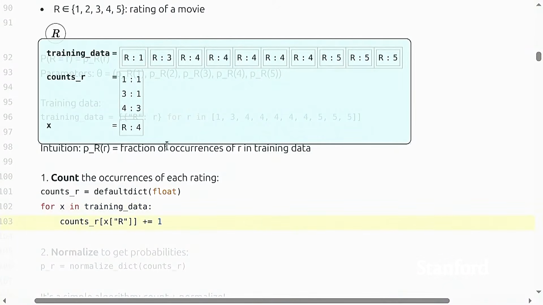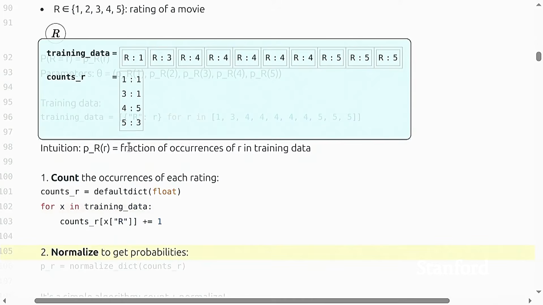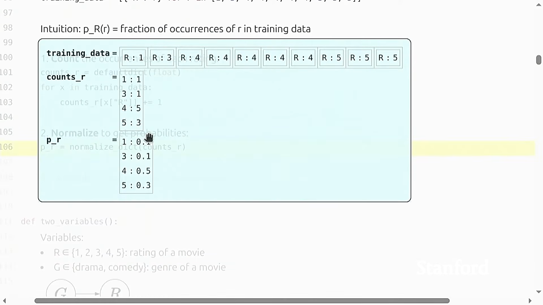Another 4, 4 gets bumped up to 3, and so on and so forth. And so now I have these counts, and then I normalize these counts to get a distribution. Specifically, I sum the counts all together, and I divide. Okay? So that's it.